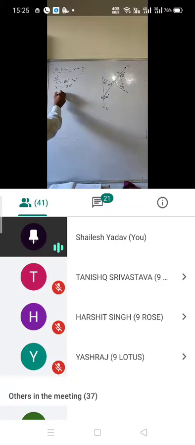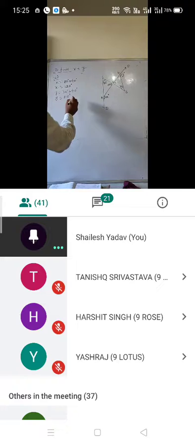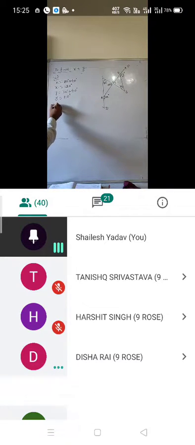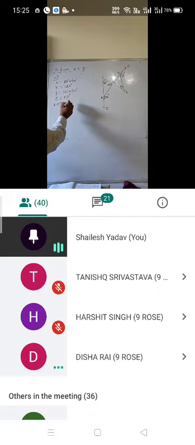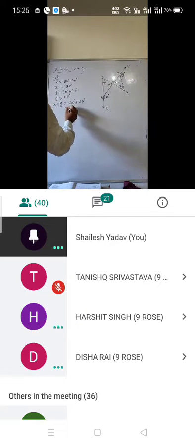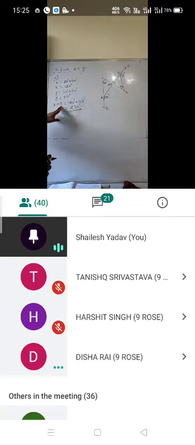So y equals 70 degrees plus 40 degrees, y equals 110 degrees. So I got the value of both x and y, and the question asked the value of x plus y, which is 120 degrees plus 110 degrees, that will be 230 degrees. That is the answer: x plus y will be 230 degrees.